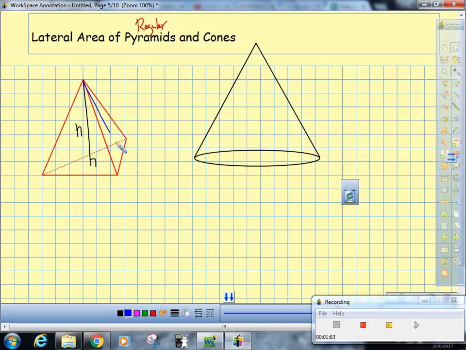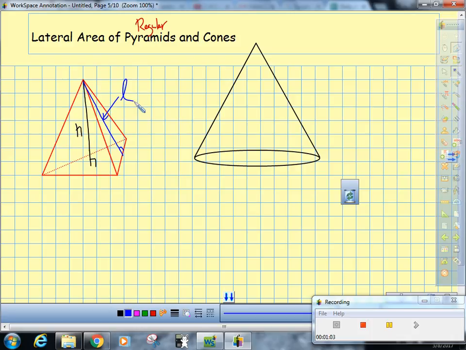And this is the slant height of the pyramid. Which of those two things do we use to find volume? We use the regular height. Which do we use to find lateral area and surface area? We use the slant height, okay?